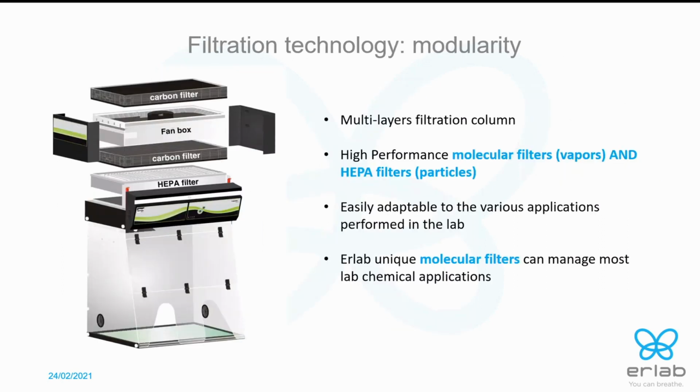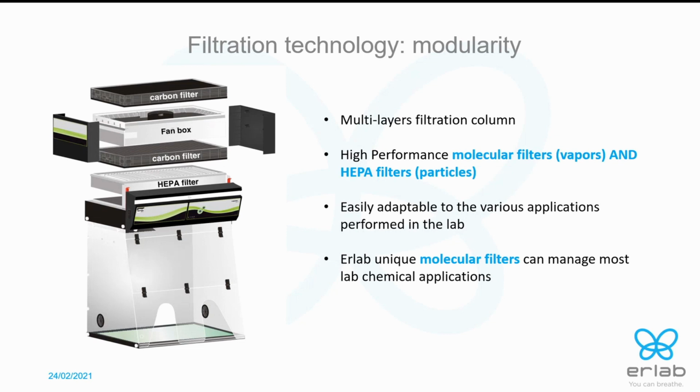But here I would like to illustrate the different types of filtration by taking as a reference point the fume hood. Our fume hoods are modular in the sense they can be configured in different ways to combine different types of filtration.